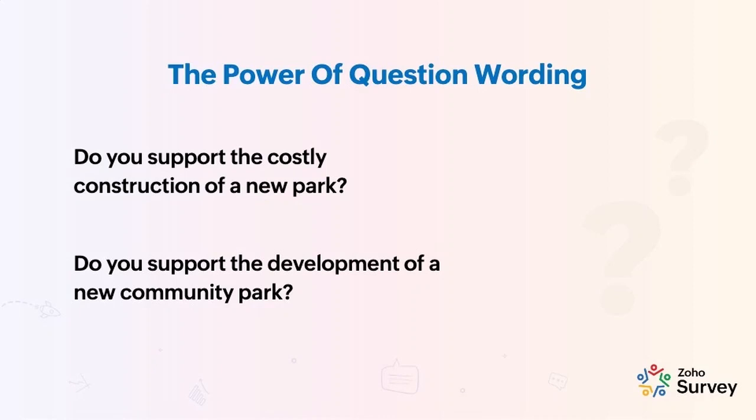The first question emphasizes cost, potentially tilting opinions negatively, while the second focuses on community benefit. This is why we emphasize clear, neutral, and concise wording. Our goal is to reach the respondents' true opinions.